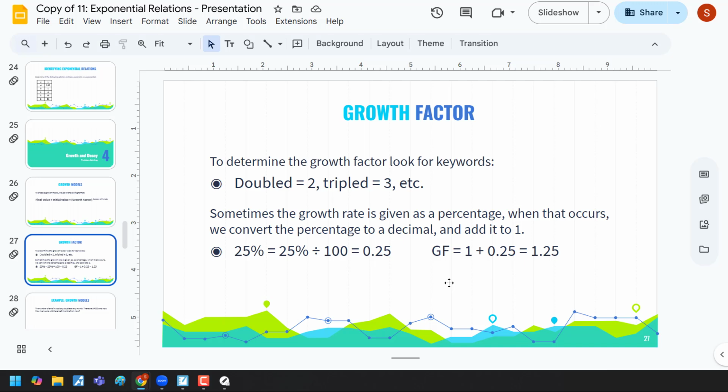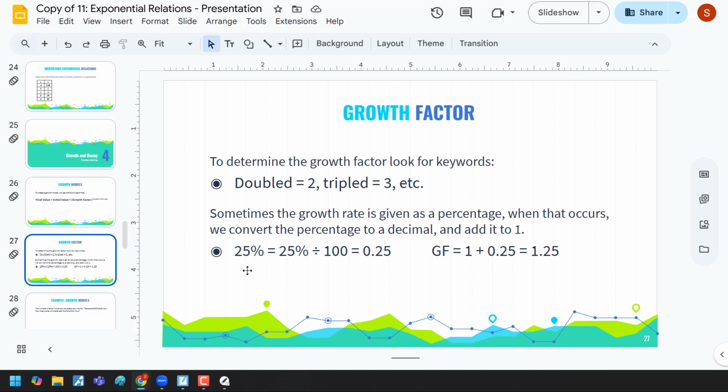To determine the growth factor, look for keywords. This is important. This is referring to word problems. So you're going to have doubled, which is 2, tripled, which is 3. Sometimes the growth rate is given as a percentage. When that occurs, we convert the percentage to a decimal and add a 1 to it. So what does that mean?